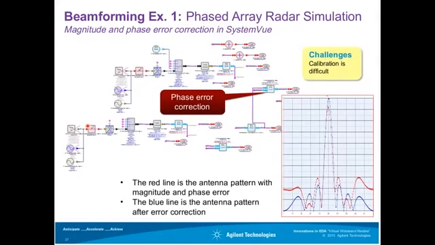We have a transmitter and a receiver. If we don't do anything, we can observe a phase error and amplitude error. We use the algorithm to detect the error and make a correction. Then you get the right antenna pattern.